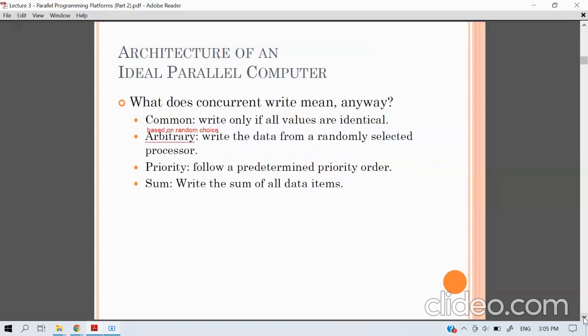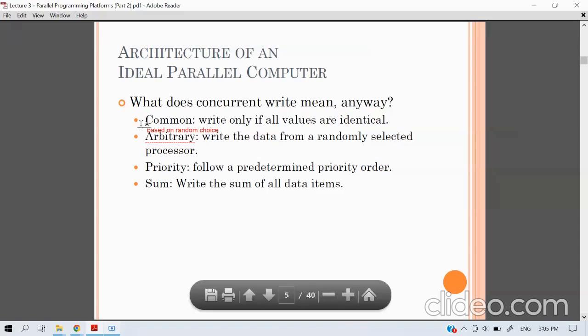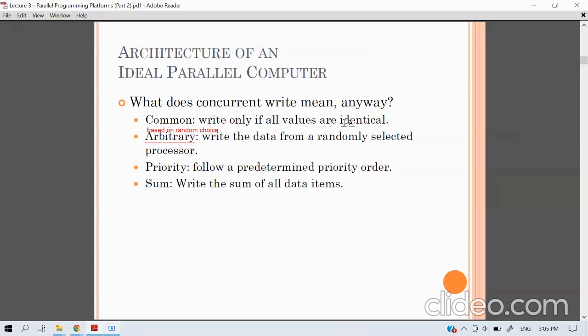What does concurrent write mean anyway? There are four cases to be considered. The first one is common: write only if all values are identical. Arbitrary: write the data from a randomly selected processor. Priority: follow a predetermined priority order. And the last one, sum: write the sum of all data items.